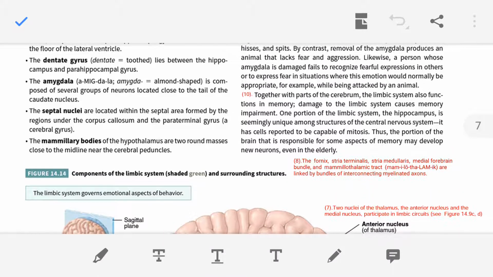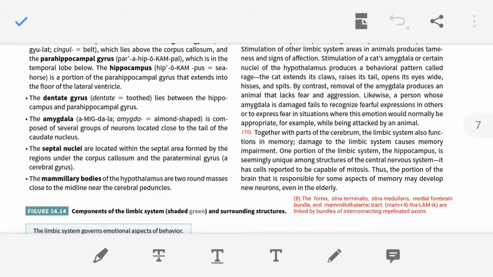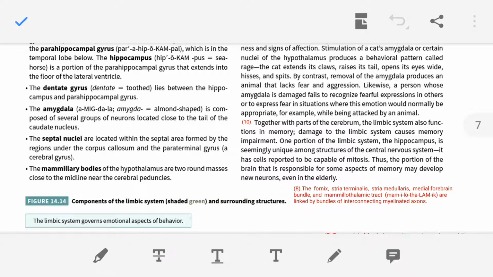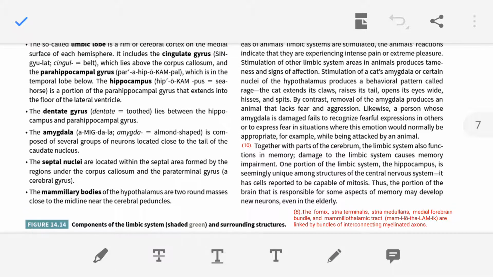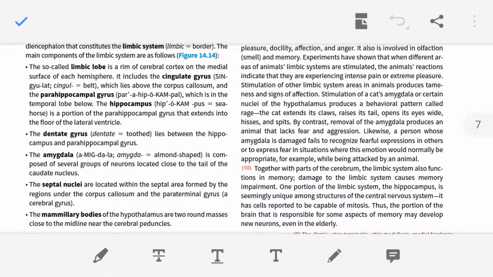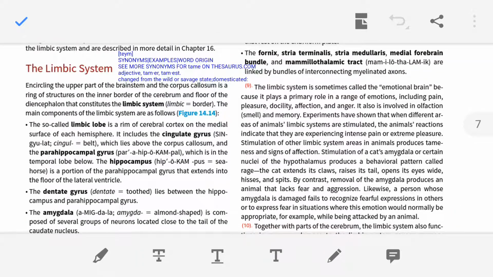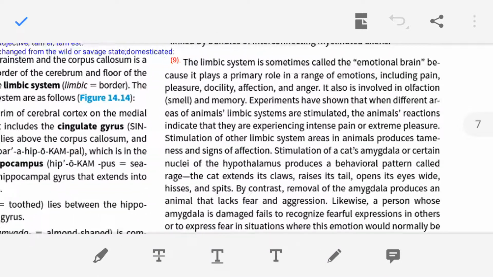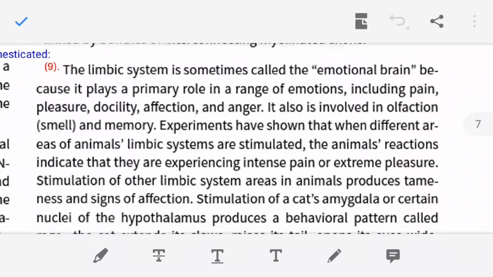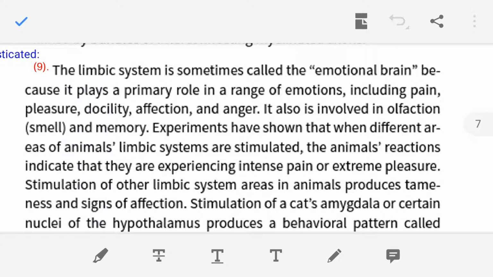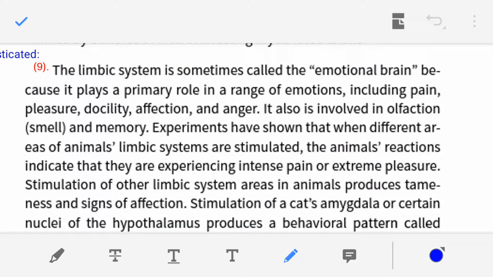So we have completed the discussion of the components of the limbic system, the structures which make up the limbic system. Now we are discussing the functions of the limbic system. See, the limbic system is sometimes known as the emotional brain, because it is responsible for our emotions.